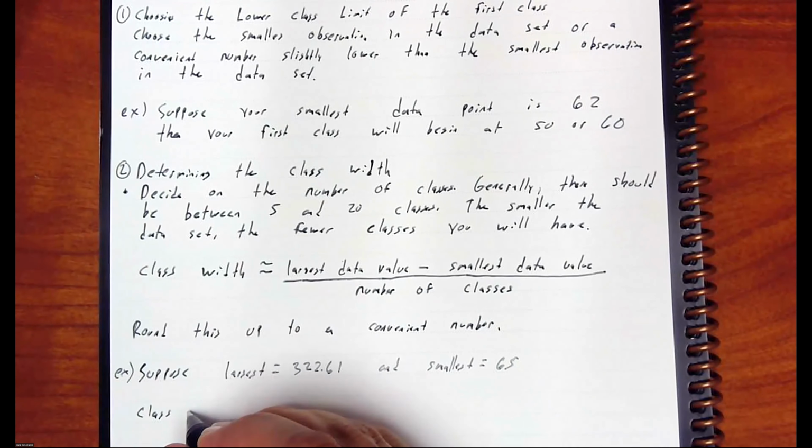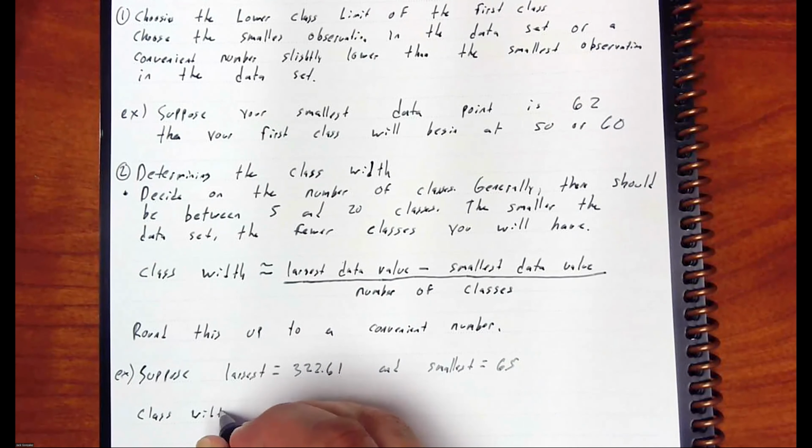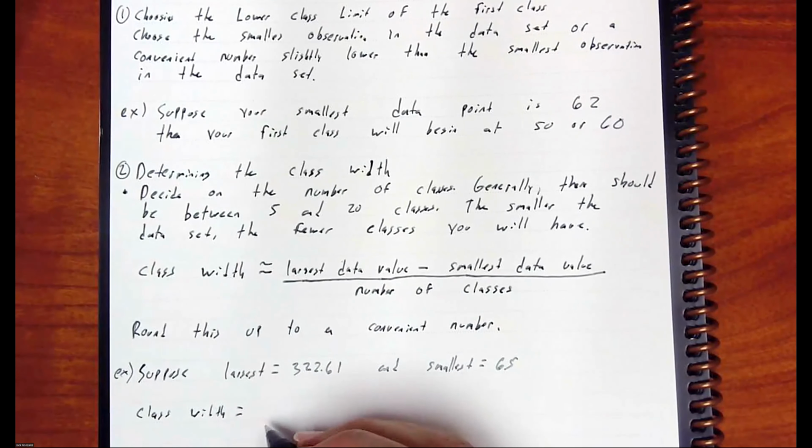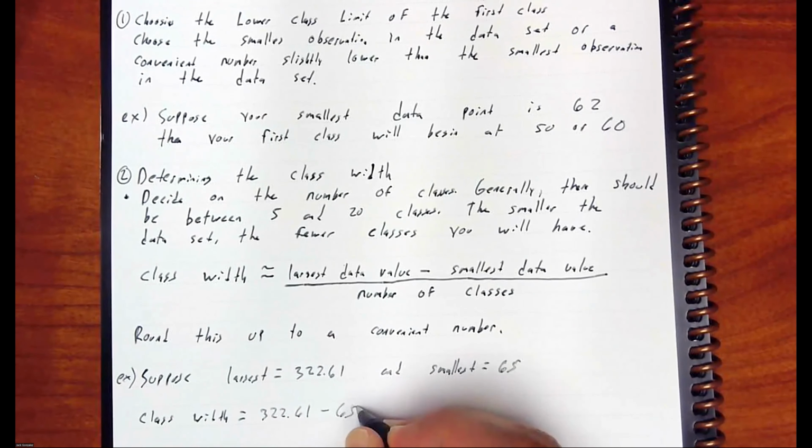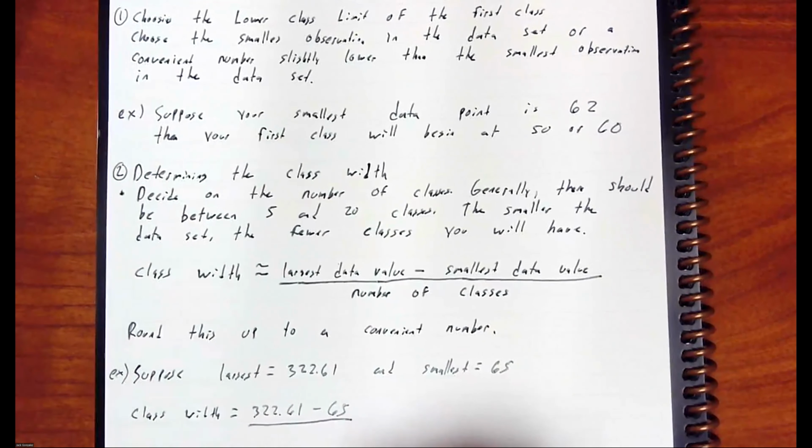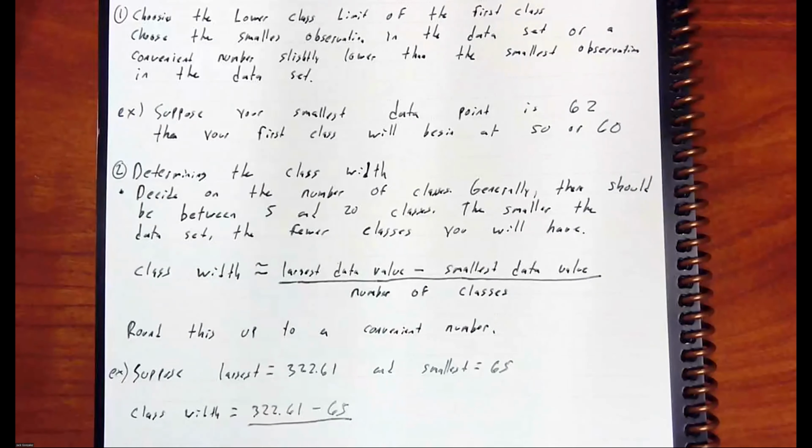The class width would equal 322.61 minus 65. Now they have to give you the number of classes, or you'd have to have determined that before this point.